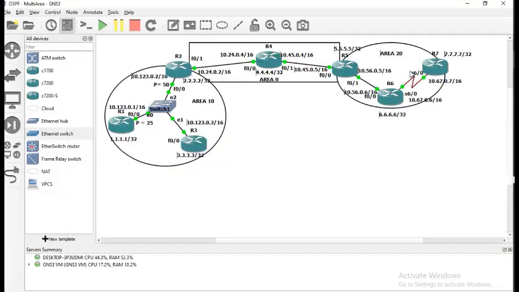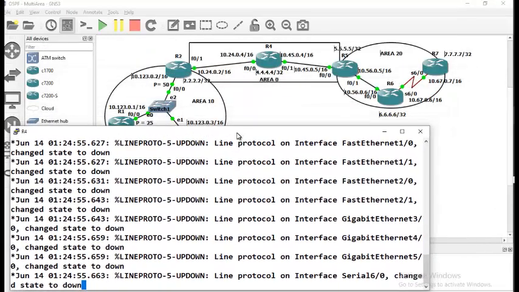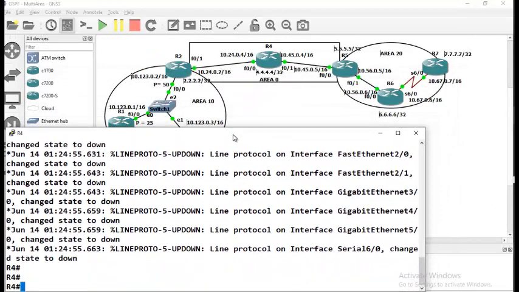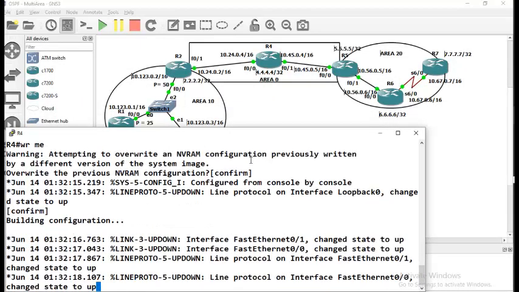Paste this. Now what is left is just one router.